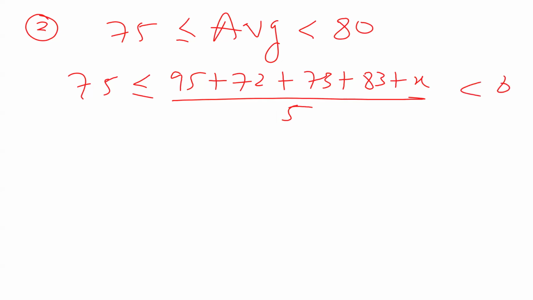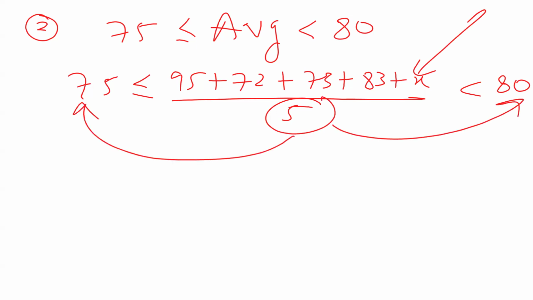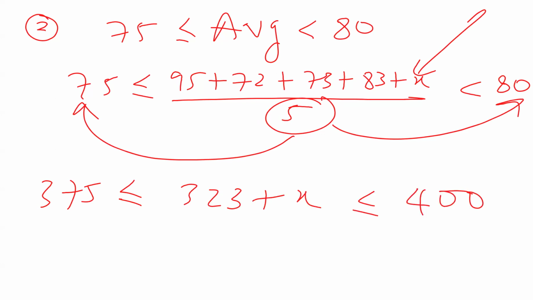The marks in the fifth paper is x. Multiply by 5 on both sides: 375 is less than or equal to 323 plus x, which is less than 400.